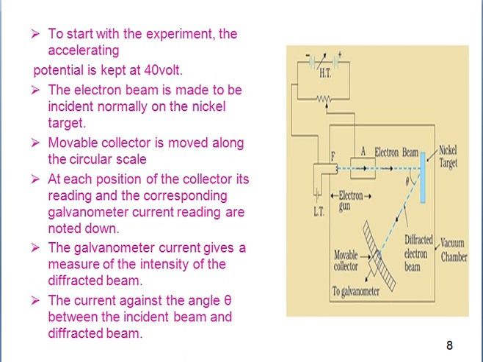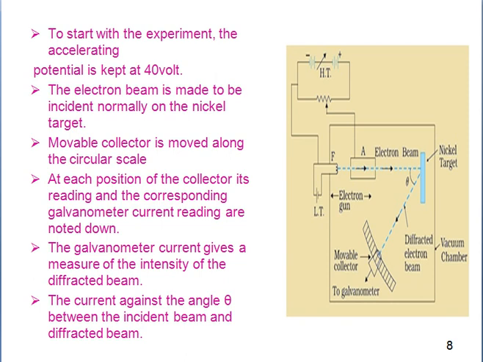Here we have to start with the experiment. The accelerating potential is kept at 40 volts. First we apply the low voltage, only 0 to 10, say 5 volts of low tension. When we apply the 5 volts, the filament will be heated and emit the electrons.